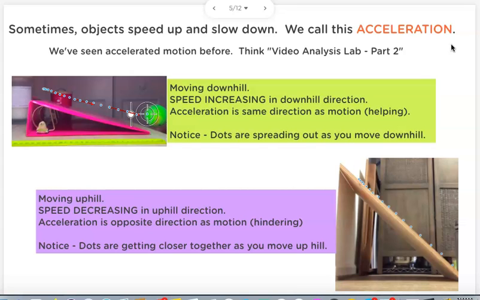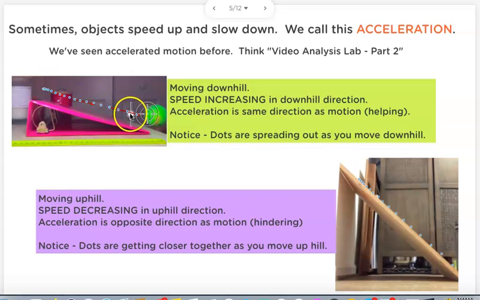So we've seen accelerated motion before. Think about the video analysis lab part 2, where you had objects that were speeding up and you had objects that were slowing down. So in this first example with a tennis ball rolling down a binder ramp, what you see is that the spacing between the dots gets further and further apart as the tennis ball rolled down the ramp.